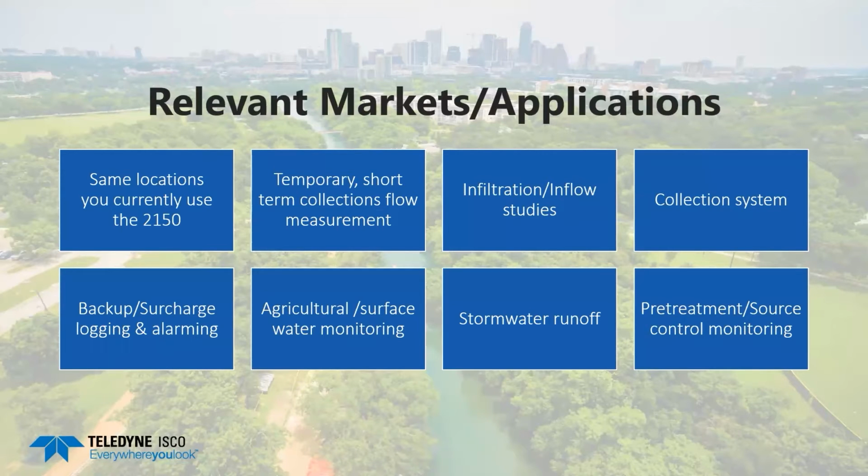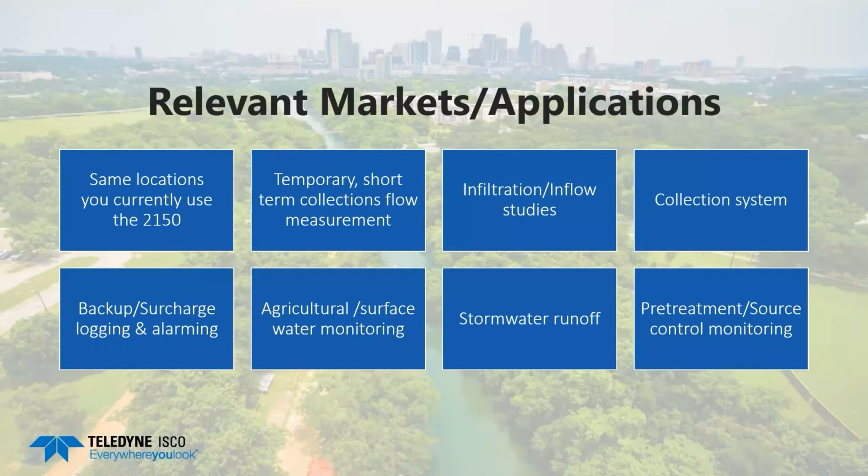And that ties in directly with collection system monitoring. So not only are they looking for maybe I&I, they're looking for capacity monitoring. Can we handle the amount of flow based on what our rain input is? Backup, surcharge, logging, and alarming. So now a lot more, we want to know what's happening and prepare for those things.